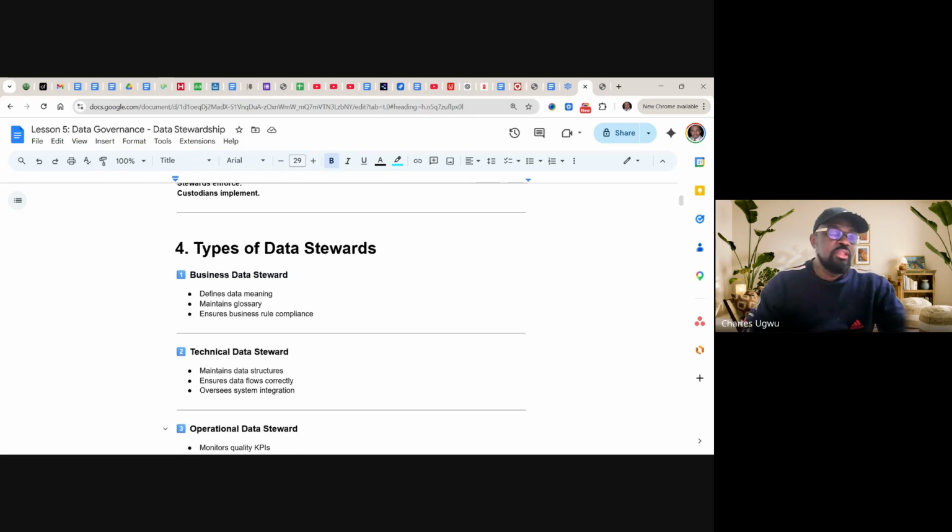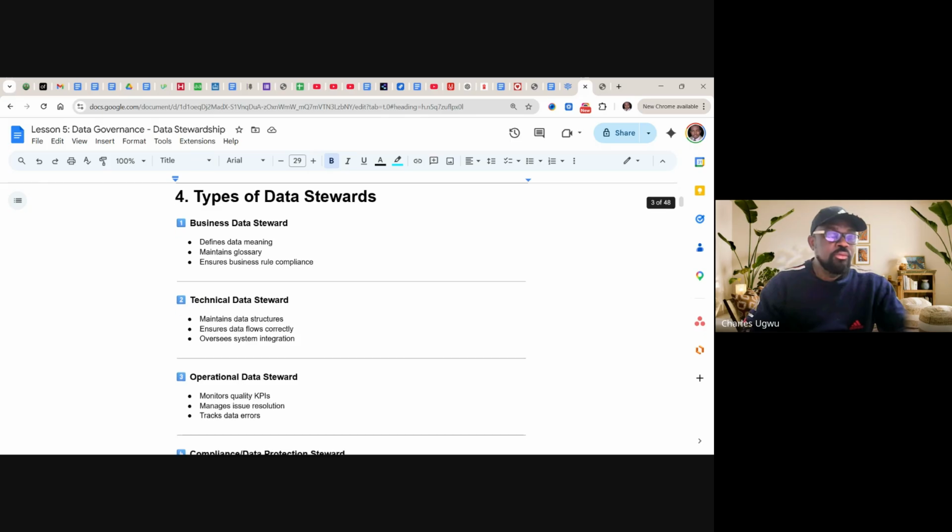Okay, even in that stewardship, we have different types of data steward. So we have the business data steward. Their responsibility is to define the data meaning, maintain glossaries, and ensure business rules compliance.